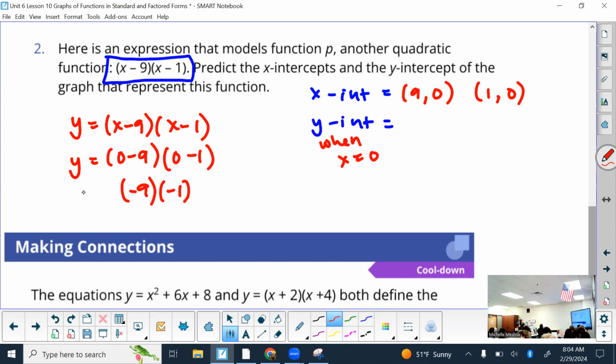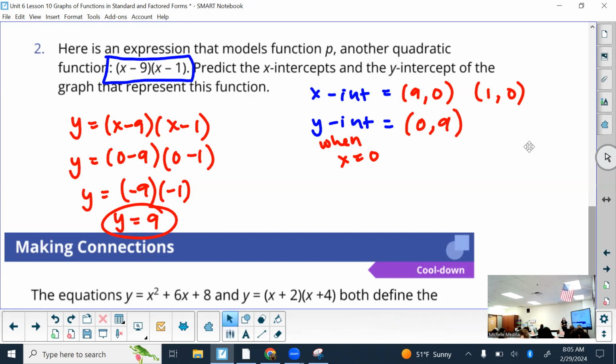And when I multiply them together, my y-intercept is going to be 9 without graphing. So if you got that your y-intercept is 9 without graphing, good job. Could have also made it standard form and saw that as well. So anyone confused? Anyone not know what we are observing as far as the pattern?